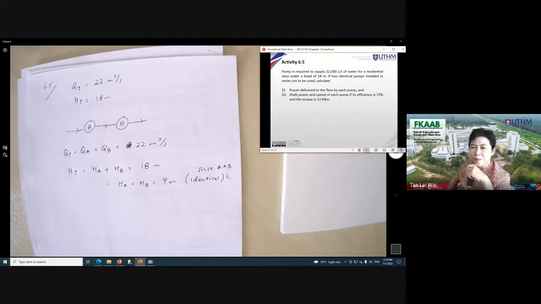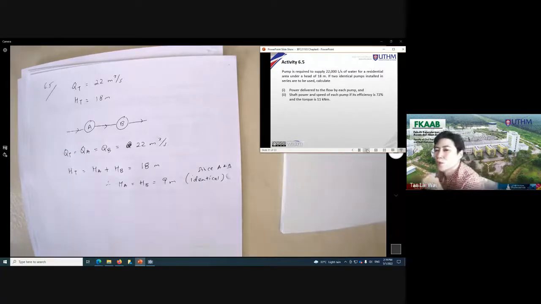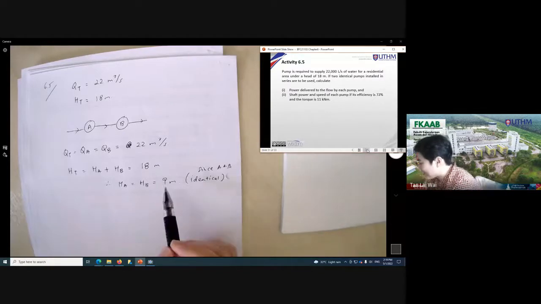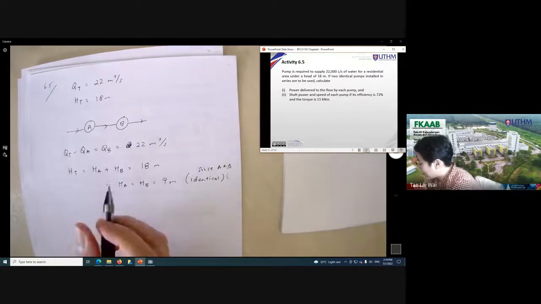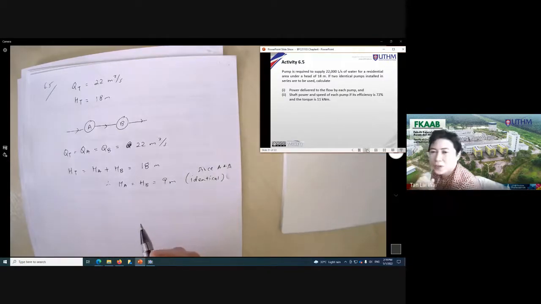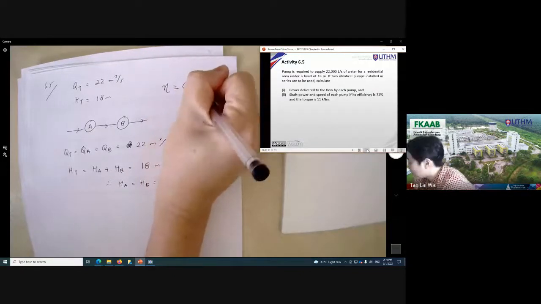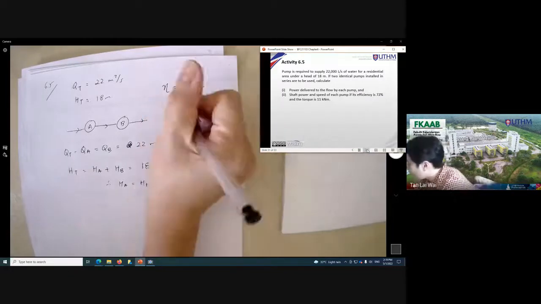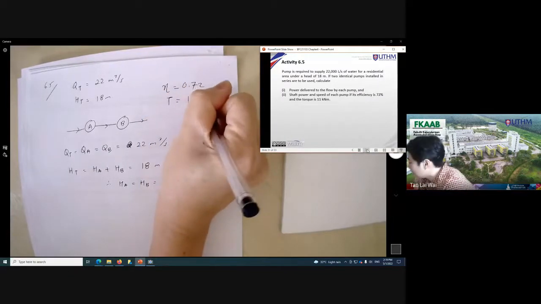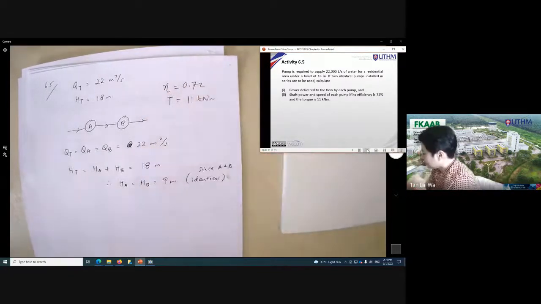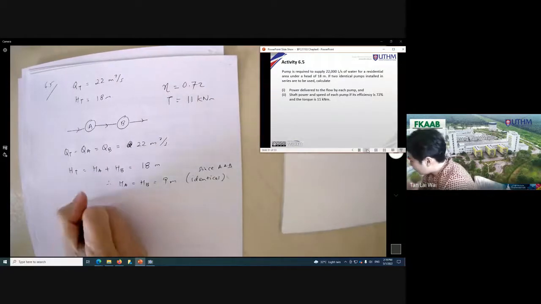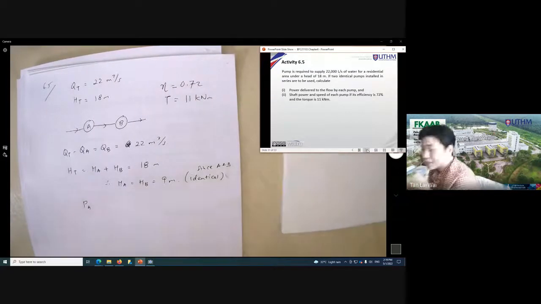Okay, you need to find power delivered to the flow by each pump. Each pump, that means one pump. Okay, here's the thing. What other information? You have efficiency provided, which is 0.72, and then the torque would be 11 kilonewton meter. Okay, so power, let's say by each pump, right?